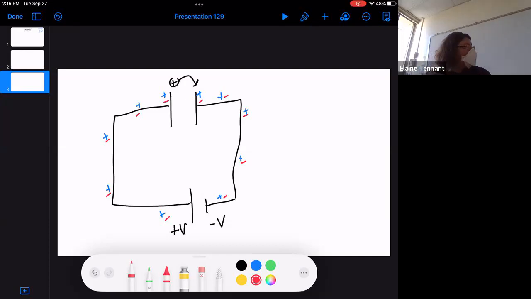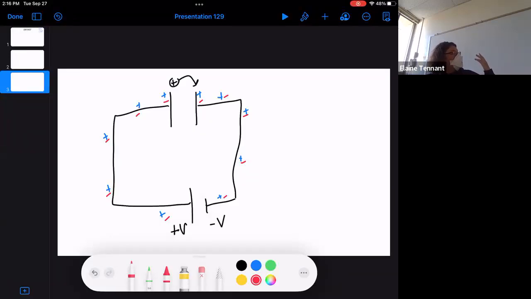And then we hook up this battery and we say, okay, what's going to happen? Well, all the negative charges want to go from low potentials to high potentials, right? So all the negative charges want to run up the potential hill.